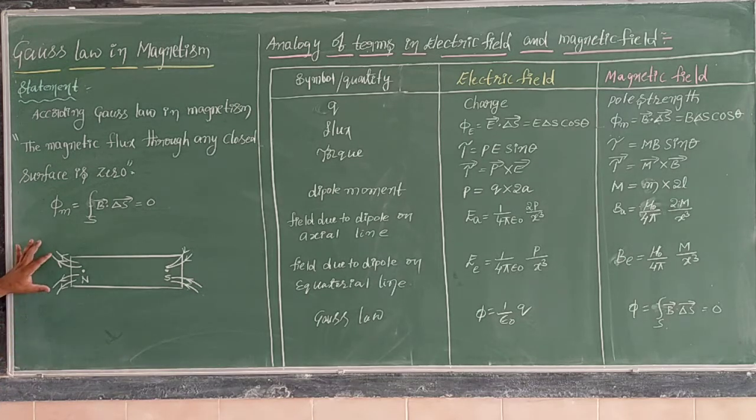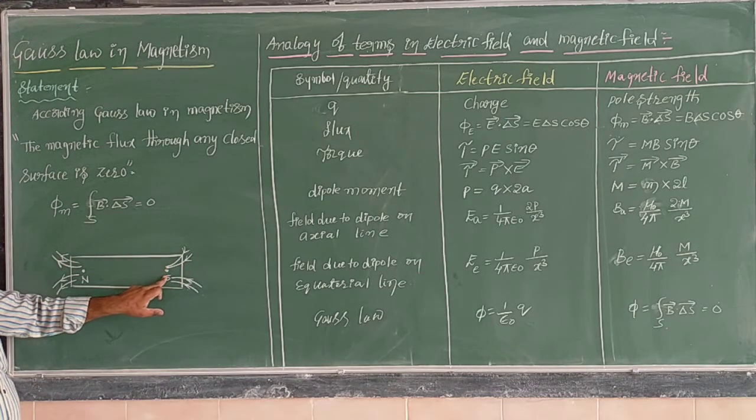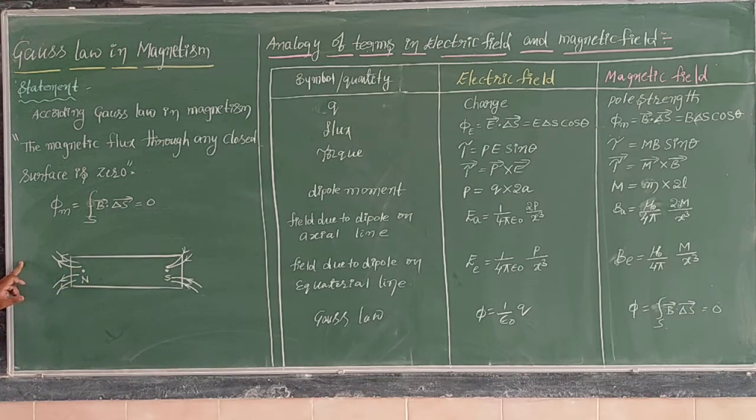You are observing that the number of magnetic field lines entering a closed surface is equal to the number of magnetic field lines leaving. How many magnetic field lines are entering the closed surface is equivalent to the number of magnetic field lines emerging out.